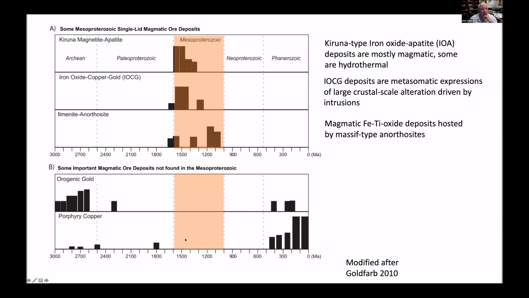Instead, we have a group of very unusual ore deposits: the Kiruna magnetite-apatite, the iron oxide copper gold, and the ilmenite anorthosites, ore deposits that don't form at another time in Earth history.